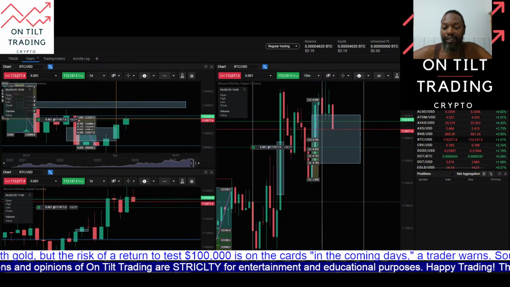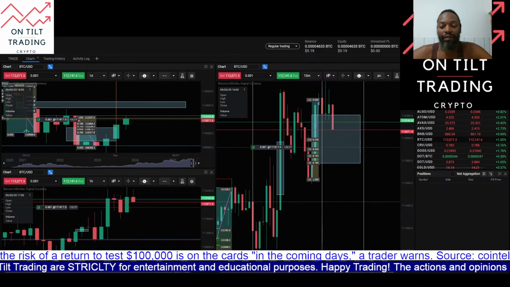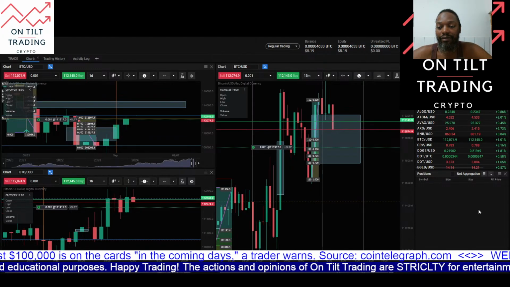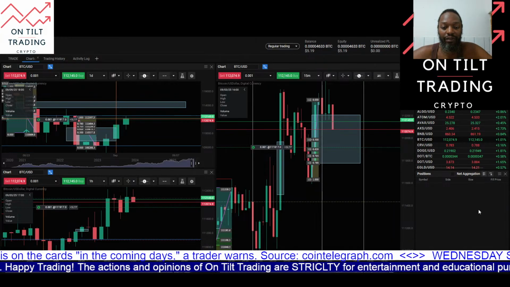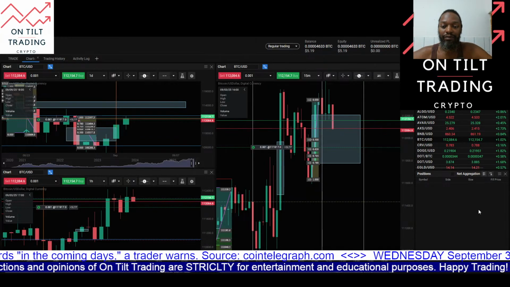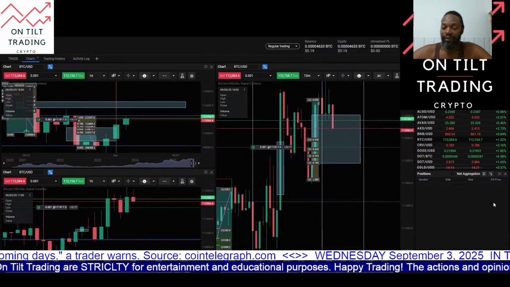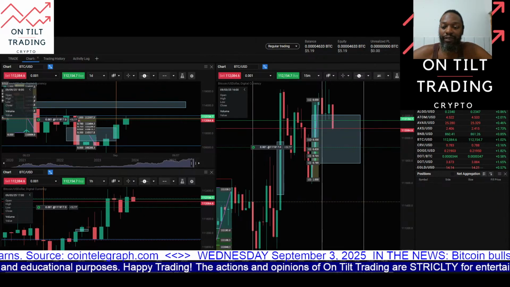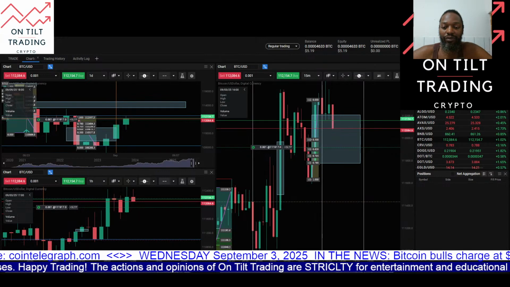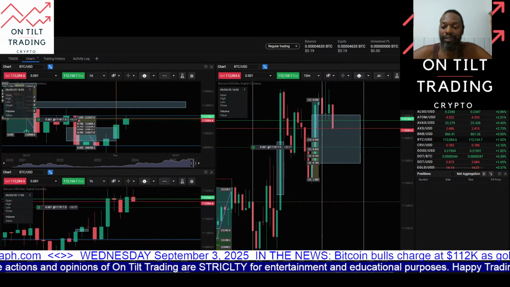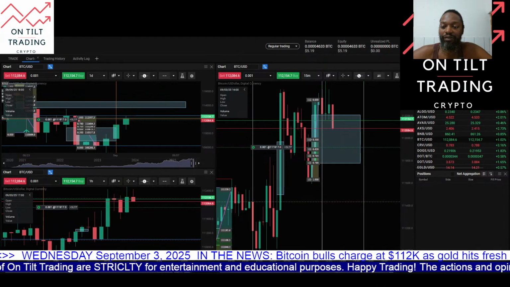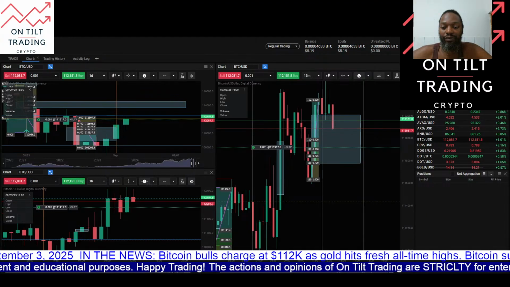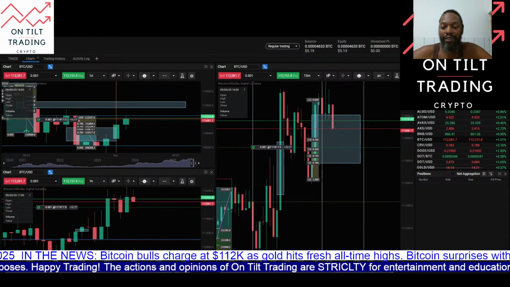Seeing further sell side delivery here. The offer or ask is currently sitting at 112.145. So the spread is about 7 times more than what it normally is on Bitcoin today. So in order to get an entry, this green level here, which is the offer, will have to reach my limit entry.